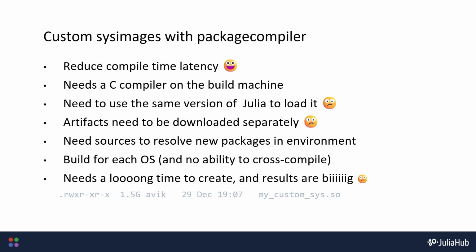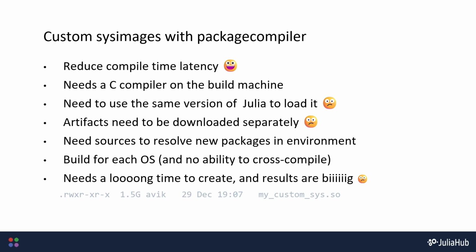You still need the same version of Julia to load it that you used to create it. You need to download artifacts. So if you have, like, ModelingToolkit, the solvers have Fortran code that is compiled into DLLs or SOs. You need to somehow get that as well, right?